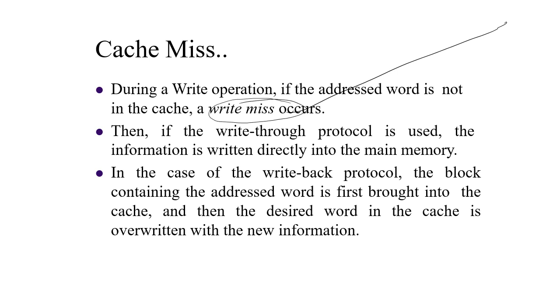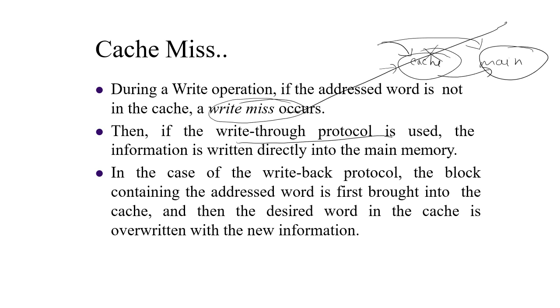In such instances, the write through protocol can be used. We know that in the write through protocol, the data is sent to the cache memory as well as the main memory. If the addressed word is not present in the cache memory, it is directly copied to the main memory.